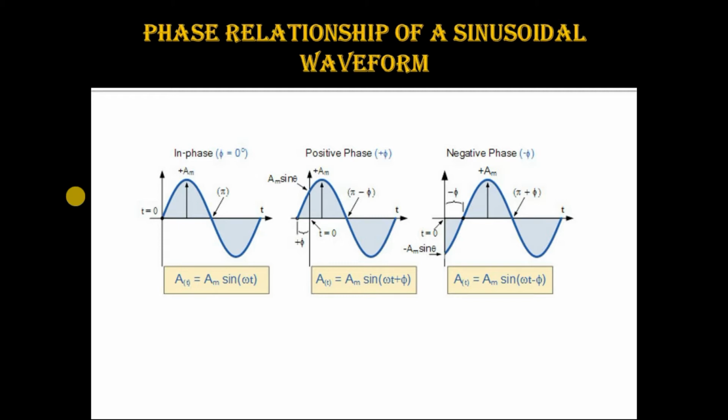If it is in radians, equivalent to 180 is pi. So 360 degree is nothing but 2 pi, that you know. So theta denotes angular displacement and omega denotes angular velocity.